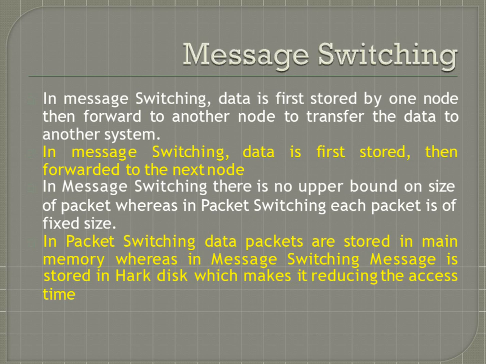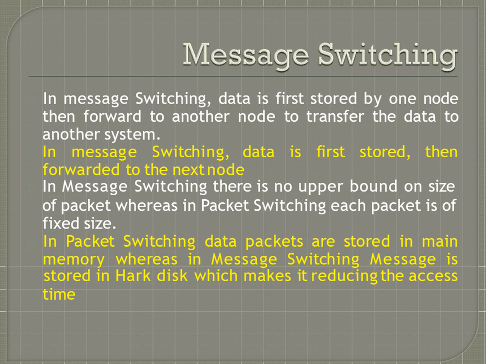This message switching is not suitable for real-time applications. In message switching, data is first stored by one node, then forwarded to another node to transfer the data to another system.